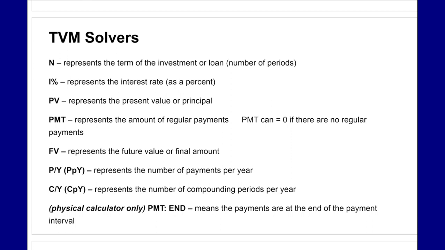The online TVM solvers tend to already assume it's at the end. All it really means is that you're putting in the payment at the end of each interval, so at the end of the month, the year, or the week, not at the beginning. That could affect your calculation slightly. But we're going to focus primarily on using the online TVM solvers just because it's easier to access and a lot simpler to use. Even though it's the same program, it's just easier to get to.